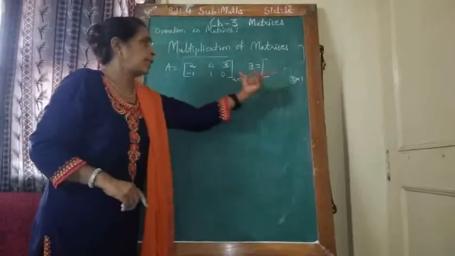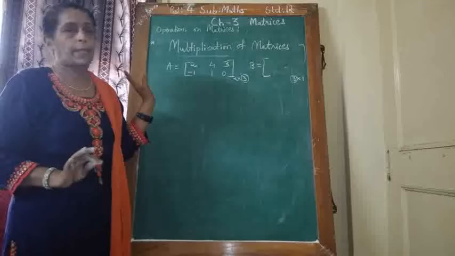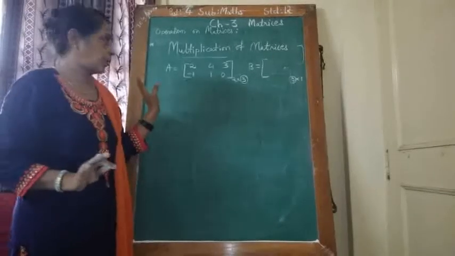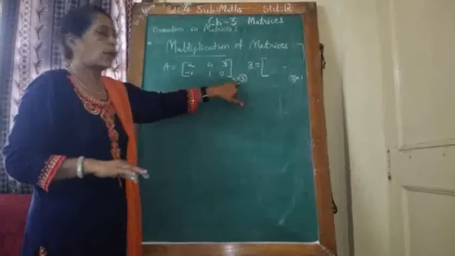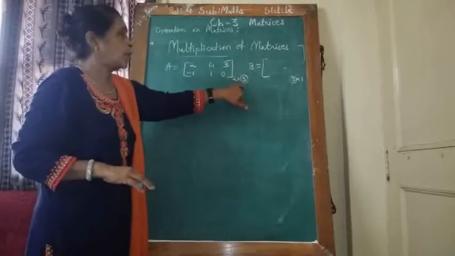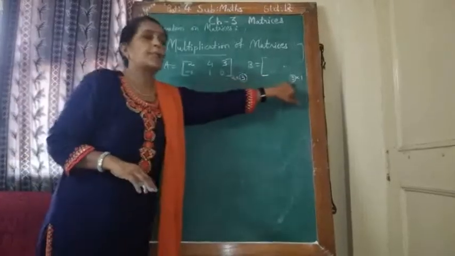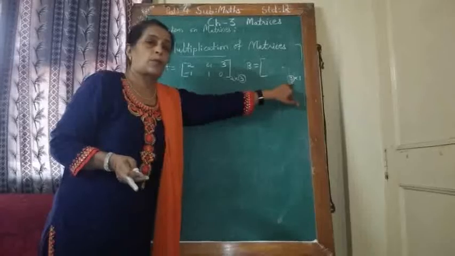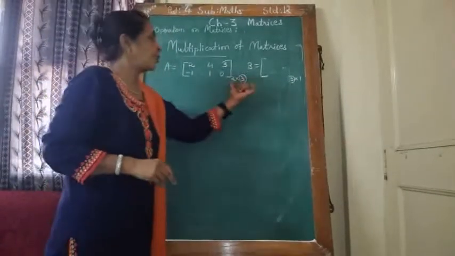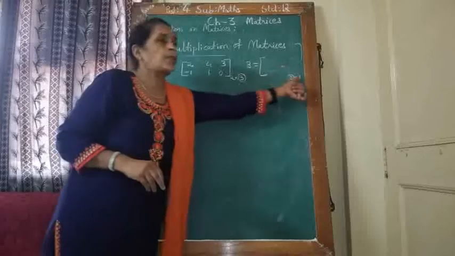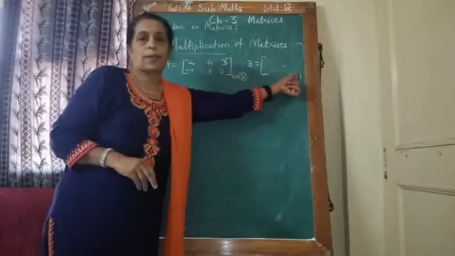If these two are equal, then multiplication of matrices is possible. Otherwise, no. The orders need not be the same, but you have to check that the number of columns of the first matrix is the same as the number of rows of the second matrix. If this happens, then the output matrix has order 2 cross 1.